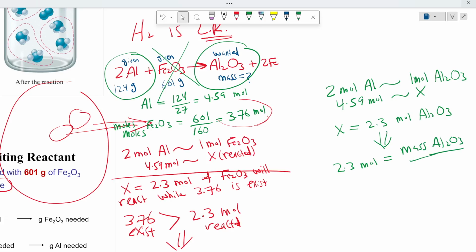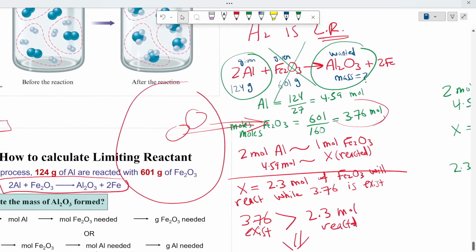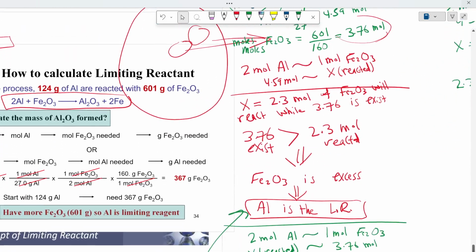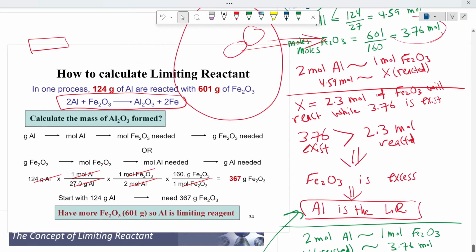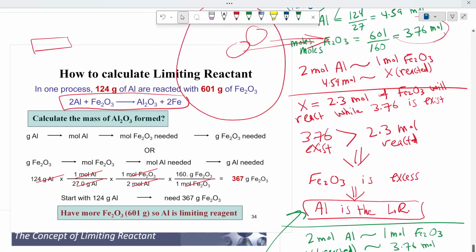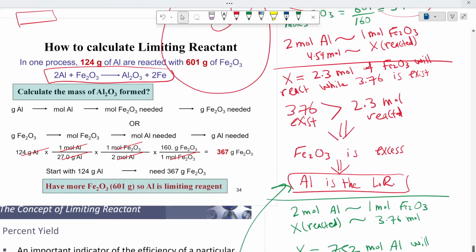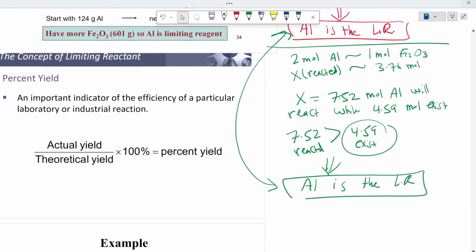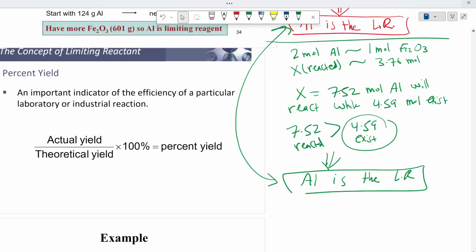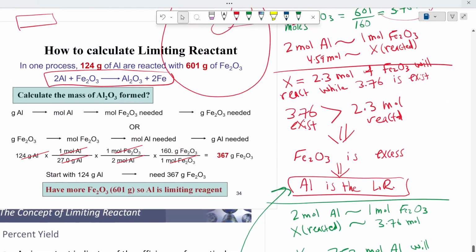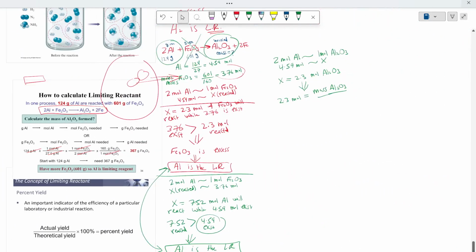The molar mass of Al2O3, let's determine it. I think it's 102 grams.